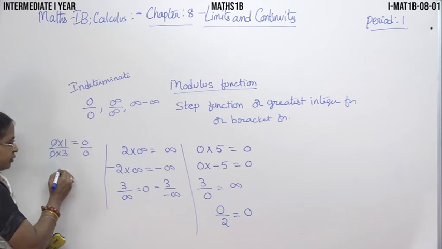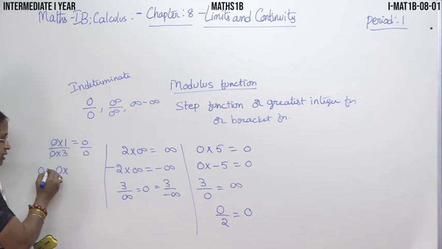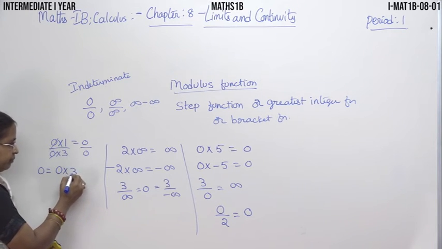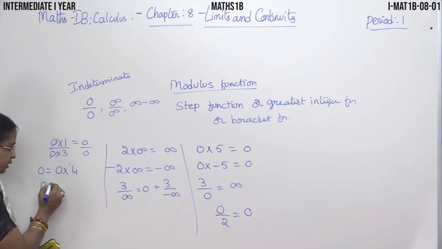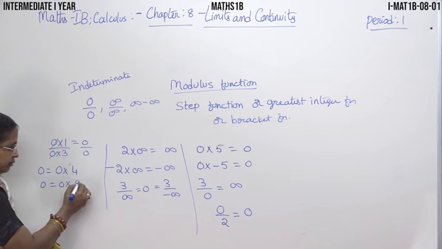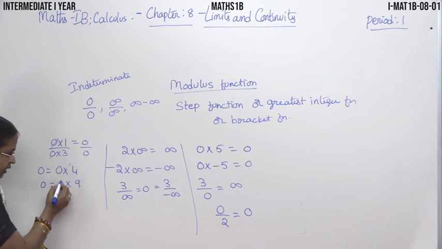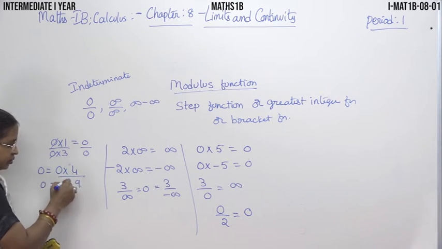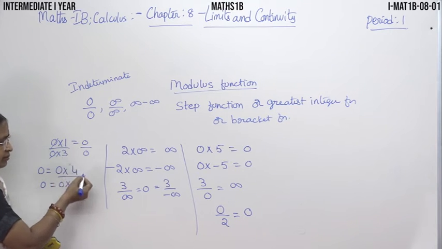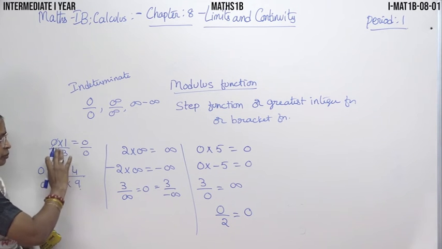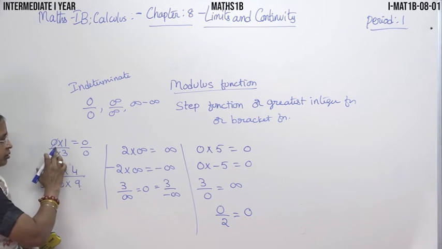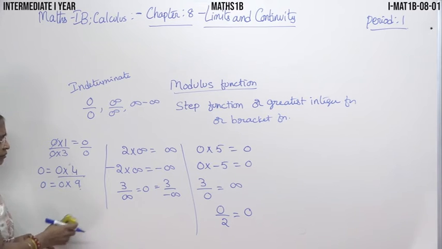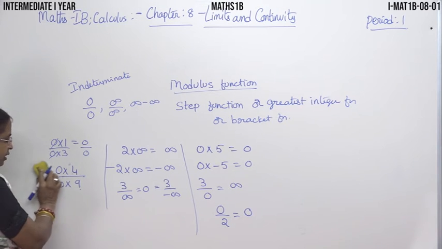But I can also write 0 as 0 into 4, and another 0 as 0 into 9. Then I may say these two get cancelled and get 4 by 9. So once I may say 1 by 3 and once I may say 4 by 9. Is it possible? When you divide anything, the result should be unique. So 0 by 0 is indeterminate. That is one simple logical explanation.